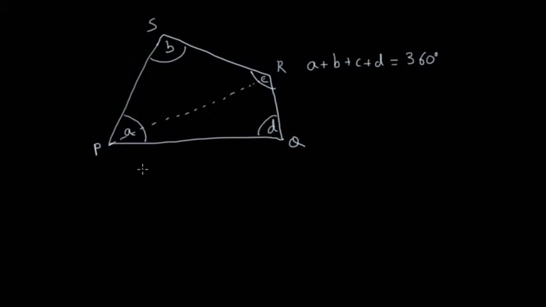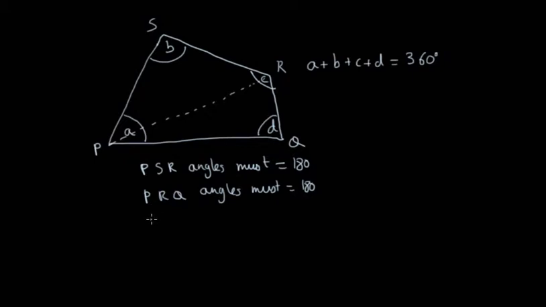So we've got the angles of P, S, R. Their angles must equal 180, and then P, R, Q angles must equal 180, but the angles of P, Q, R, S must be these two put together, which is 180 plus 180, which is 360 degrees.